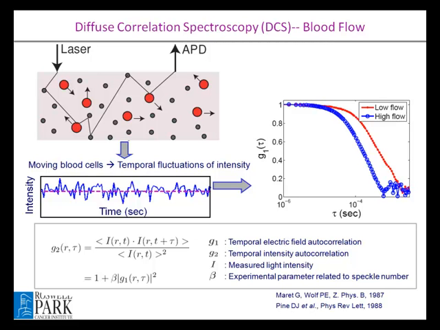So we are using a hardware correlator, which gets the temporal arrival times of the photons, and it automatically gives some delays, then calculates the autocorrelation function. If everything is static, like when you are sitting on a chair, then when you give a delay of time, the probability of seeing you in the same place is almost 1.